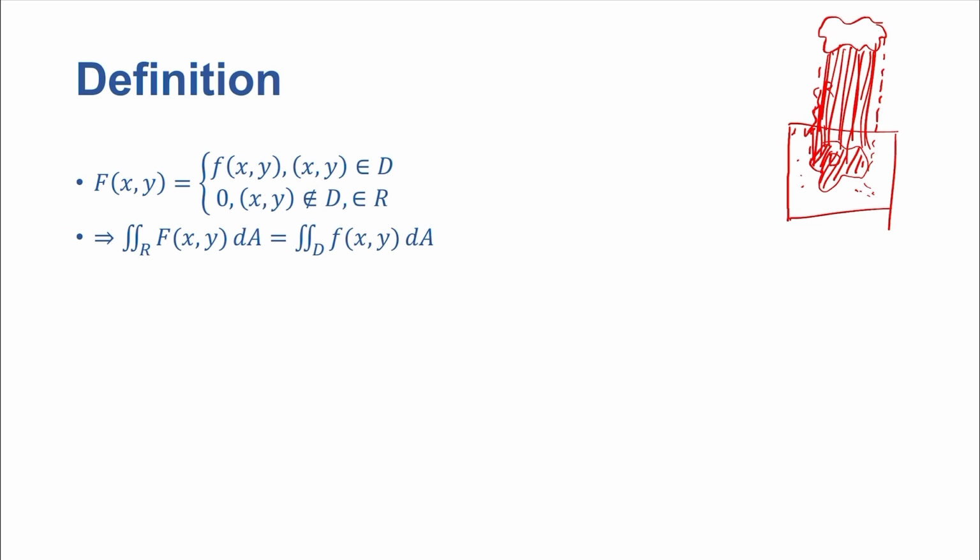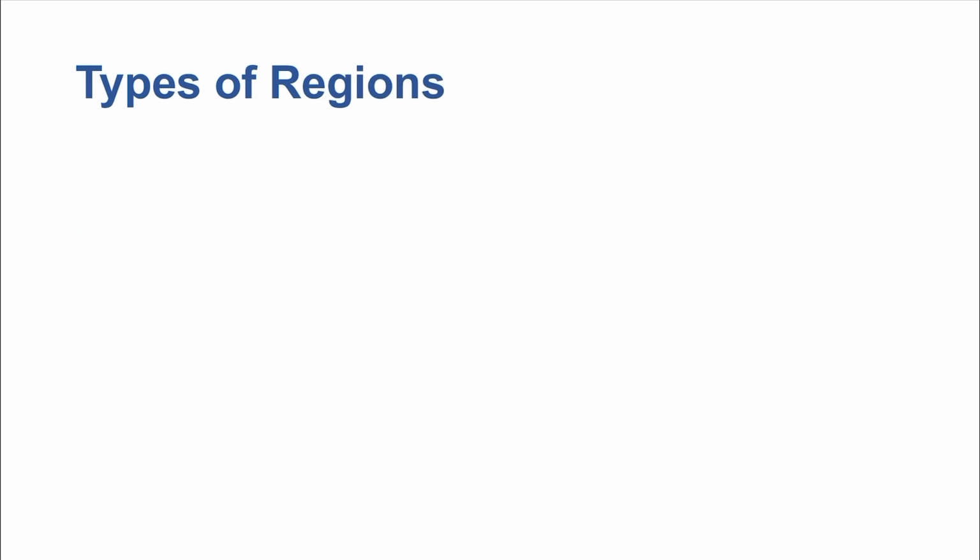Okay, so now let's cover the types of regions that we can have. Obviously, they're not going to look as crazy as this, but we can model these regions in a special way, especially while we're starting with rectangular coordinates. So the types of regions that we can have are a type 1 region and a type 2 region.